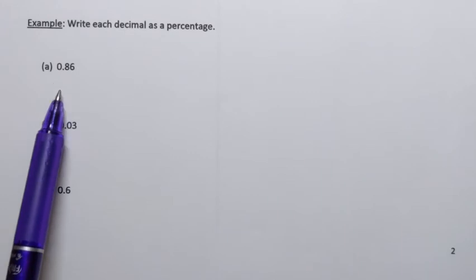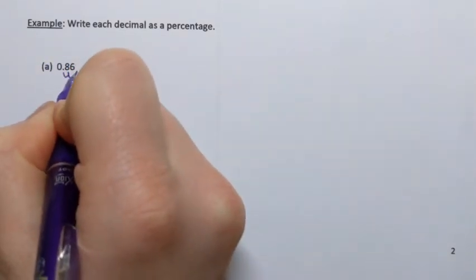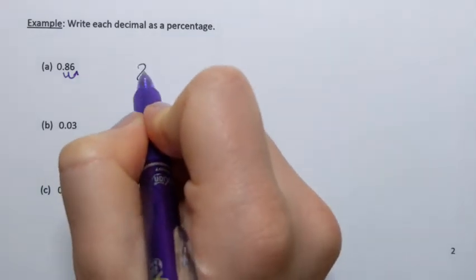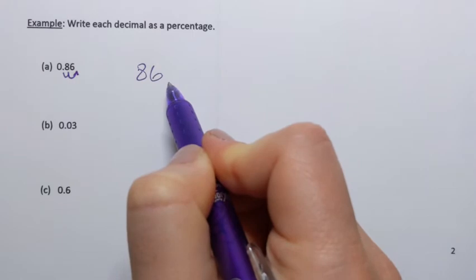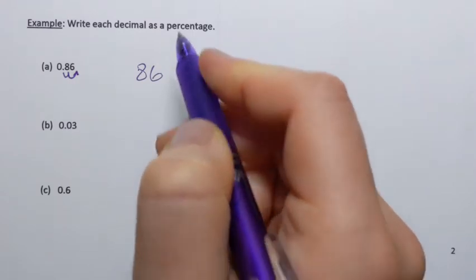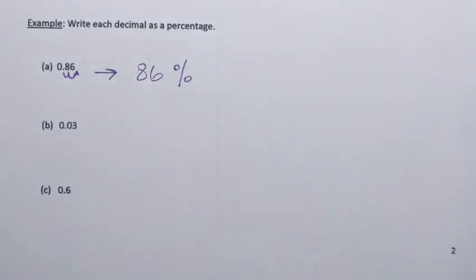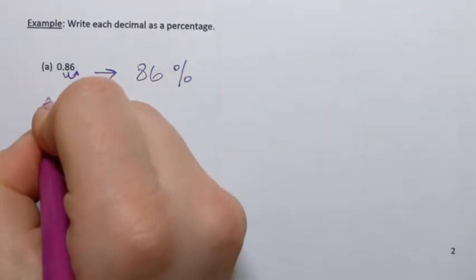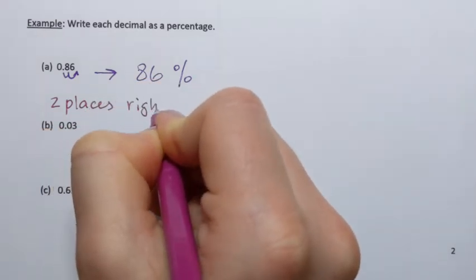So I'm going to take the decimal point and move it 2 places to the right. 1, 2. So now it's at the end of 86. I don't have any other digits after that, so I don't have to write the decimal point, but that becomes percent. So 0.86, that decimal converts to 86%. So 2 places right.